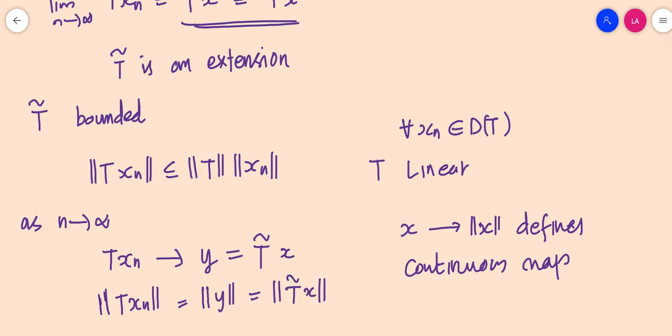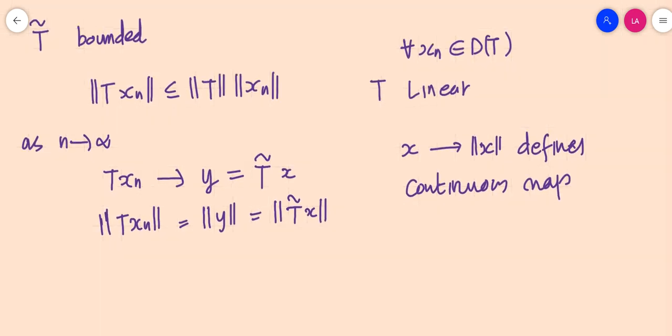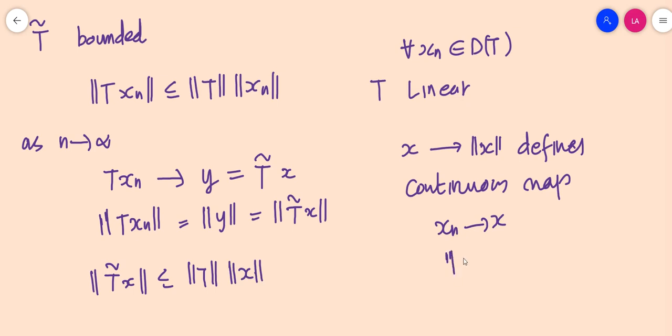So as n tends to infinity, on this part we can substitute norm of T tilde of x on the left hand side. This is independent of n, so this should be less than or equal to norm T into norm xn, and also xn converges to x means norm xn converges to norm x.